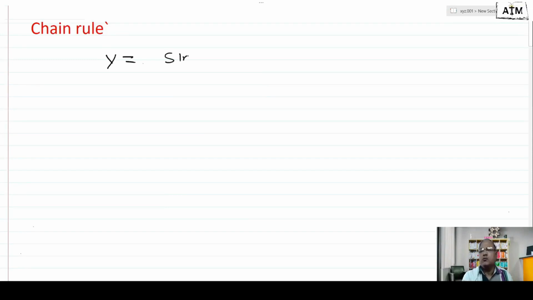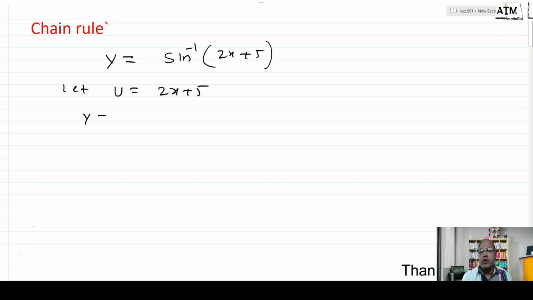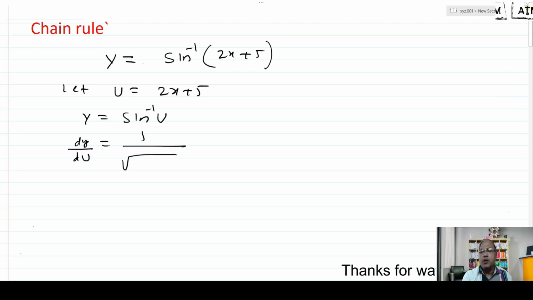y equals sine inverse of 2x plus 5. So let u equal 2x plus 5, y equals sine inverse u, dy by du equals 1 upon under root of 1 minus u square.